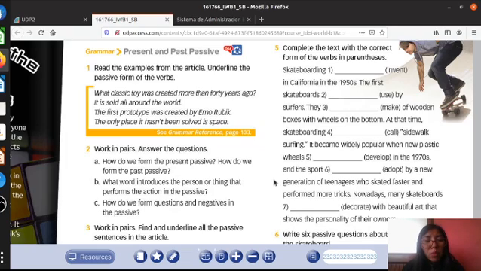It became widely popular when new plastic wheels were developed in the 1970s, and the sport was adapted by a new generation of teenagers who skate faster and perform more tricks. Nowadays, many skateboards are decorated with beautiful art and show the personality of their owners.